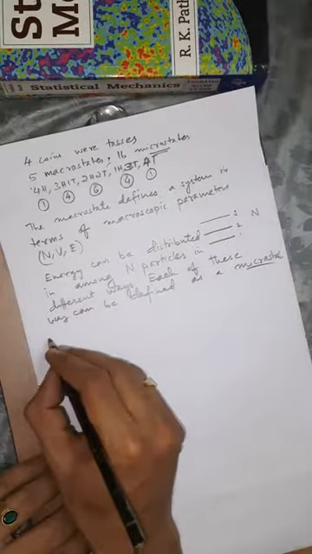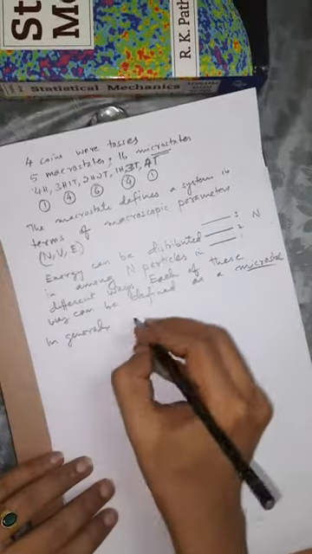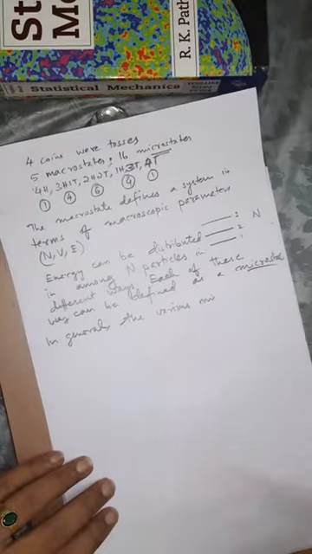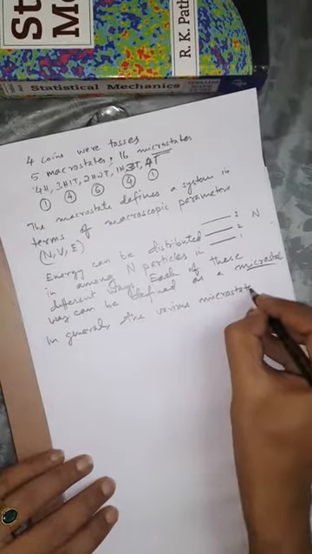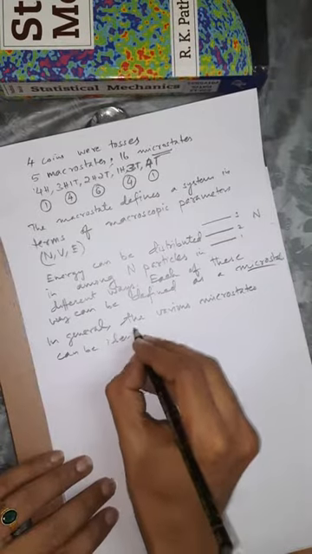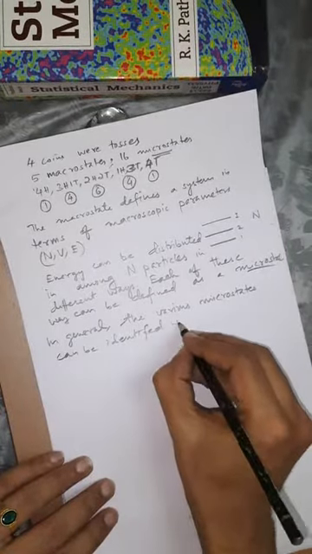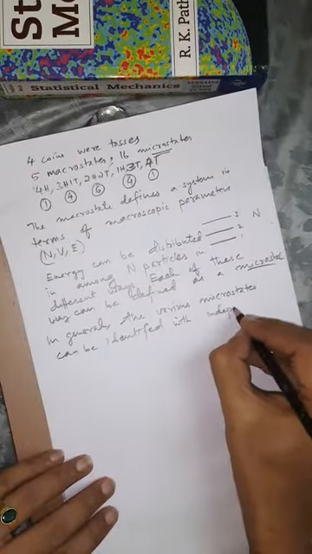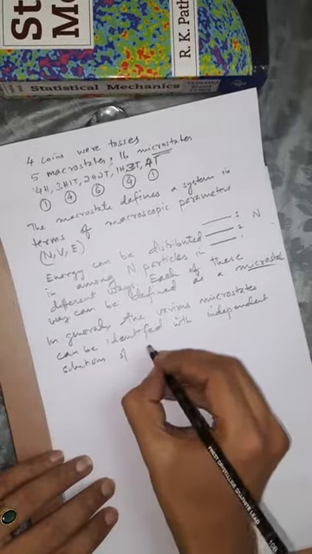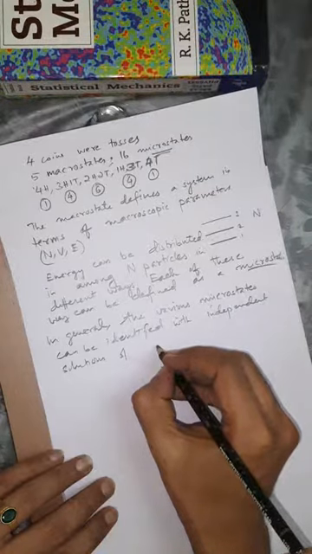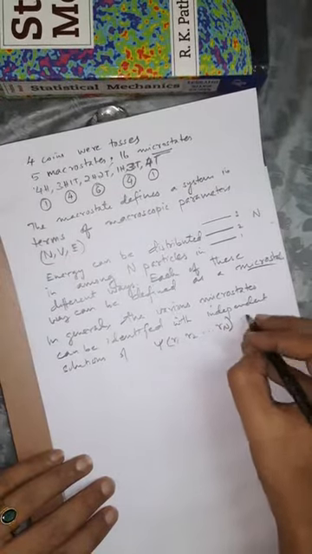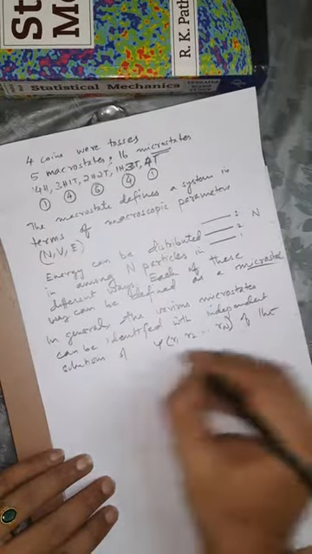So in general, the various microstates can be identified with independent solutions psi of R1, R2, etc. up to Rn of the Schrodinger equation.